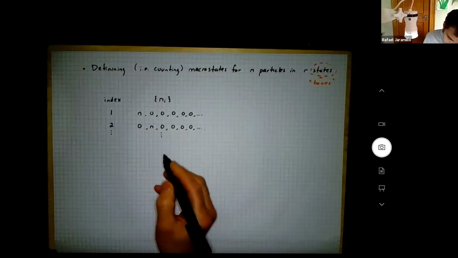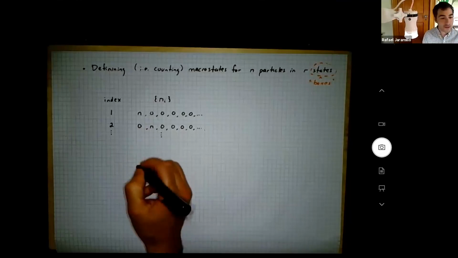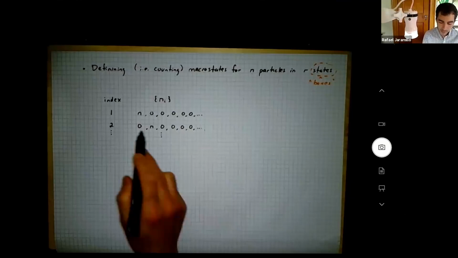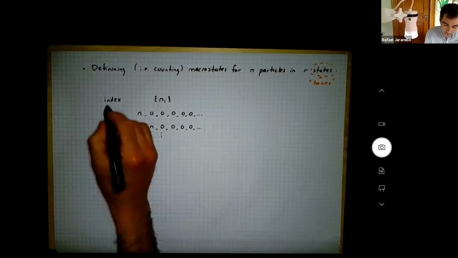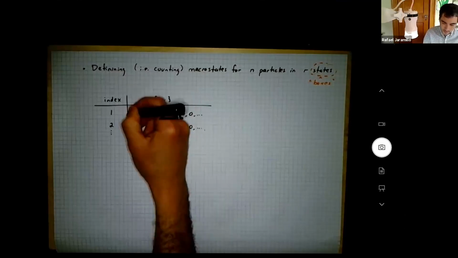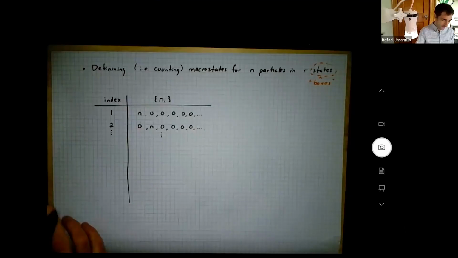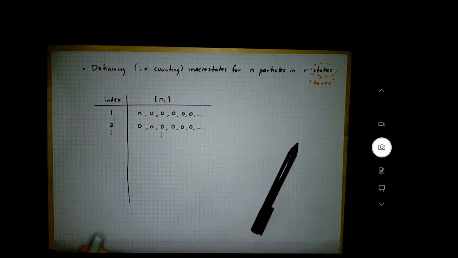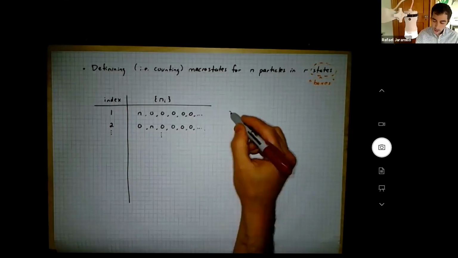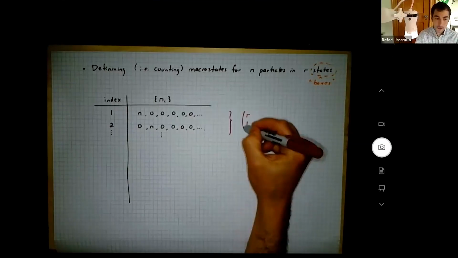Okay, then there's, let's see, how many of these sort of states are there going to be? These states are defined as all the particles in one box. How many of those are there going to be? R. There are R choose 1 of these.